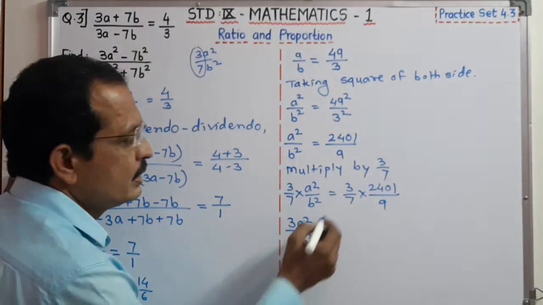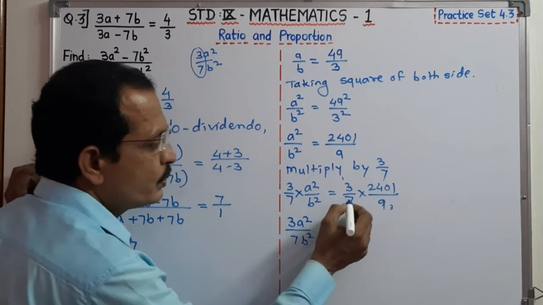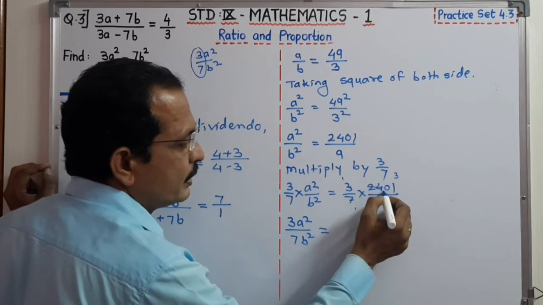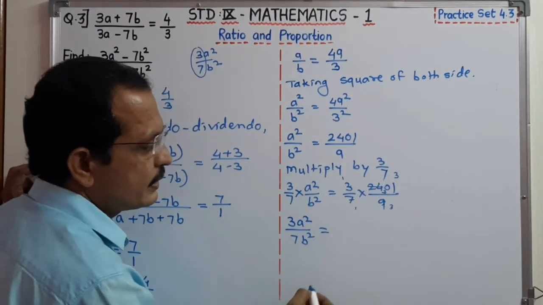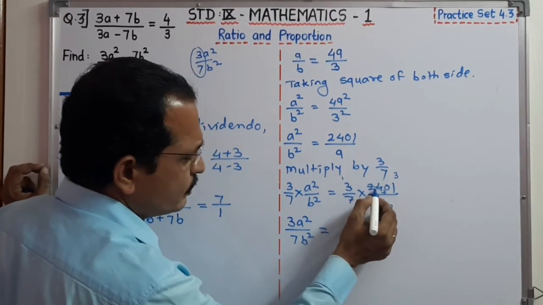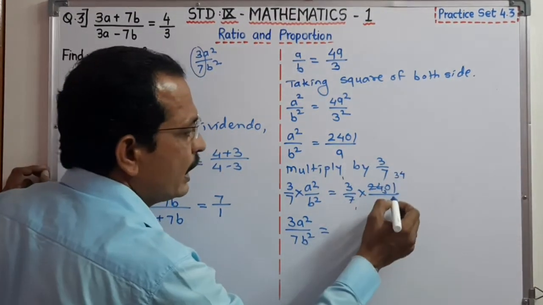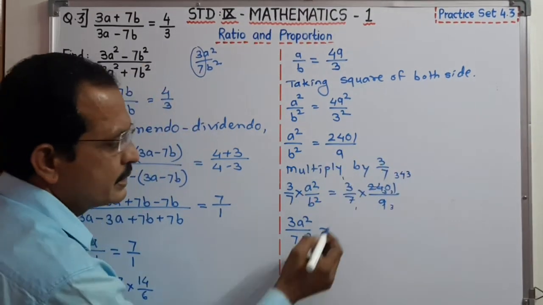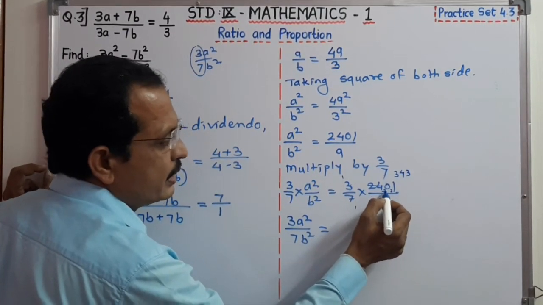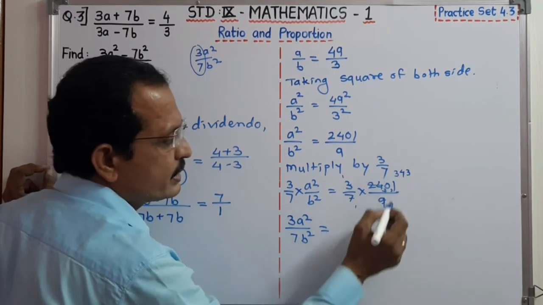Now dear student, see here, 7 1s are 7, 7 3s are 21, remaining 3, then it is 30, then 7 4s are 28, 28 and 2 remaining, therefore it becomes 21, and 7 3s are 21.